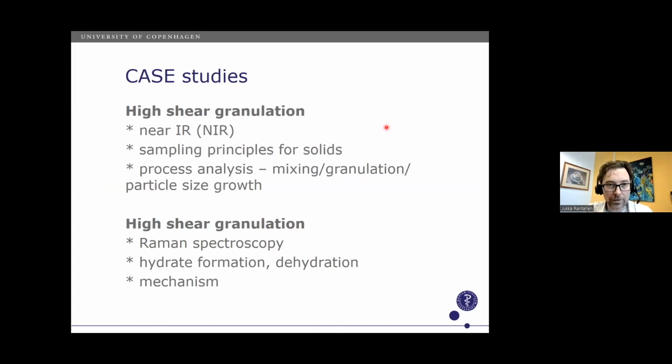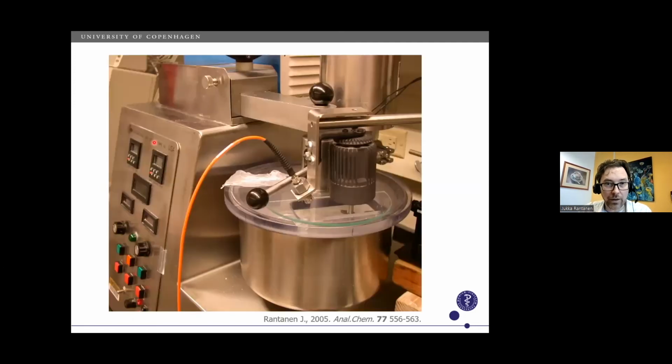And now to these few examples. So the first example is the use for high shear granulation. And this is a process that involves mixing, granulation and then a wet massing phase where we see the particle size. So in this first example, we are using near infrared instrumentation. So what we have here is again the same lamp and something like a 0.5 kilo granulation equipment.